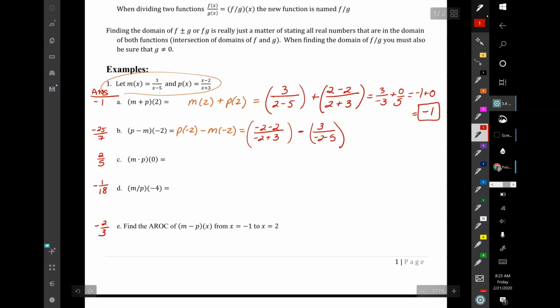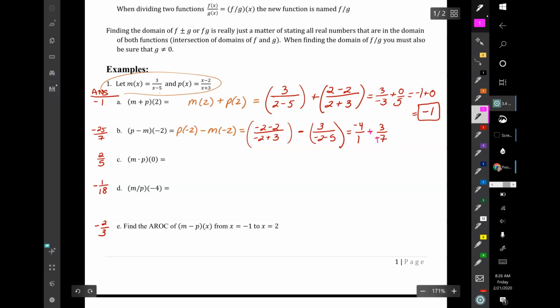So now I'm going to have to work with my fractions. This first one, negative 2 minus 2, gives me negative 4, and that'll all be over 1. So that's kind of nice. And then I have a negative 3 over negative 7. So that actually is going to become positive.